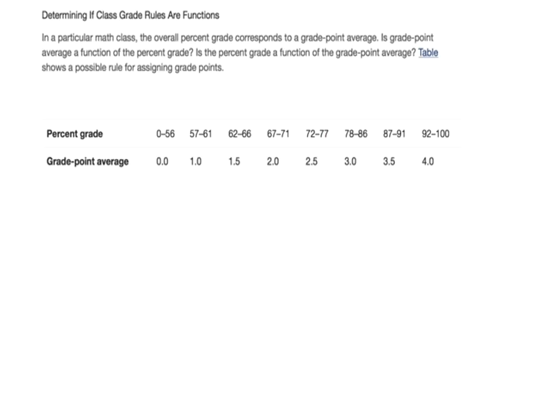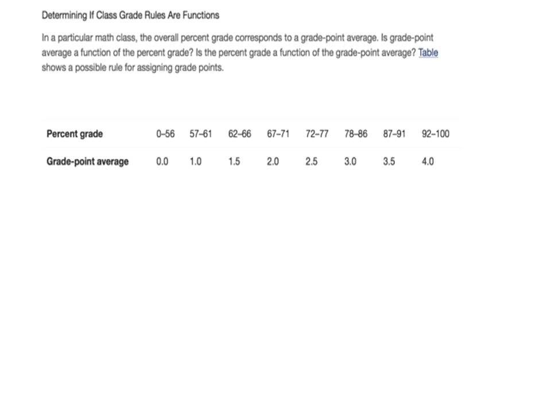Okay, so first question. Is the grade point average a function of the percent grade? In other words, when I take my percent grade, let's just choose a random percent grade, 63.